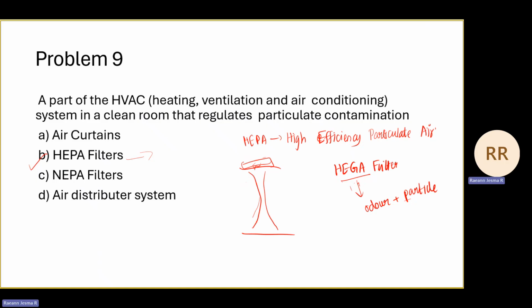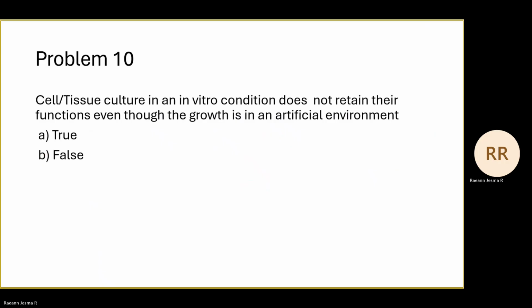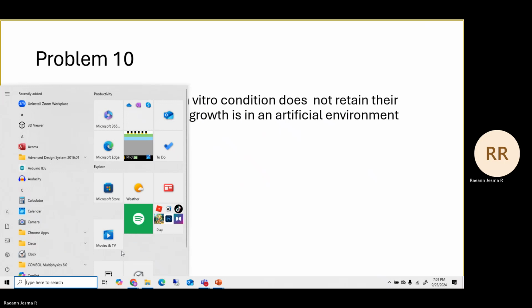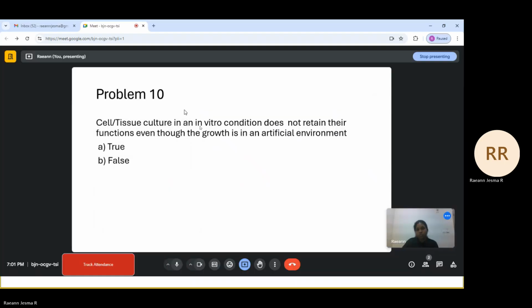So now let us move on to the next question, problem 10. Cell or tissue culture in an in vitro condition does not retain its functions even though the growth is in an artificial environment.